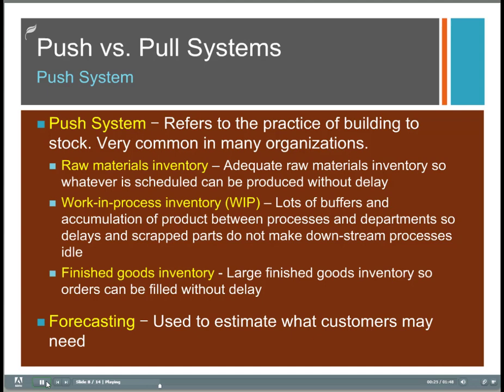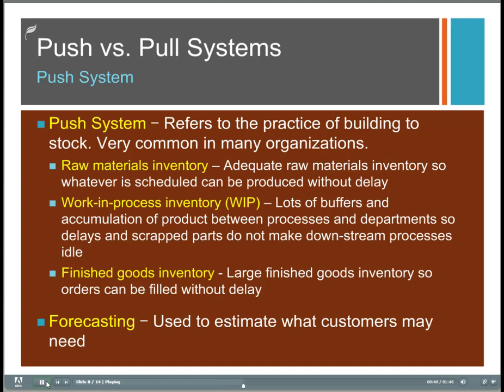We were building to stock so that people could buy out of inventory. A raw materials inventory that's part of a push system is where you keep a huge supply of raw materials around so that you can schedule anything you want without delay. But it requires having a large raw materials inventory.